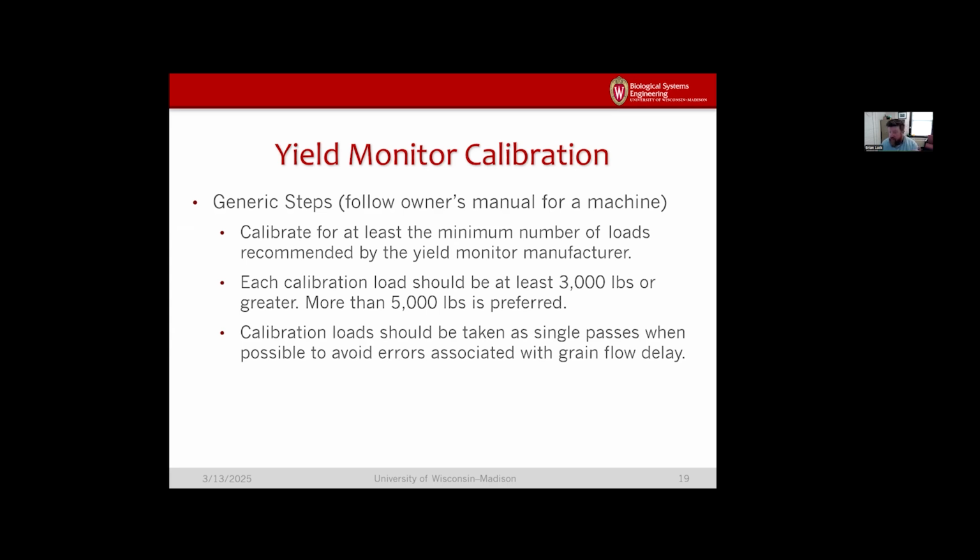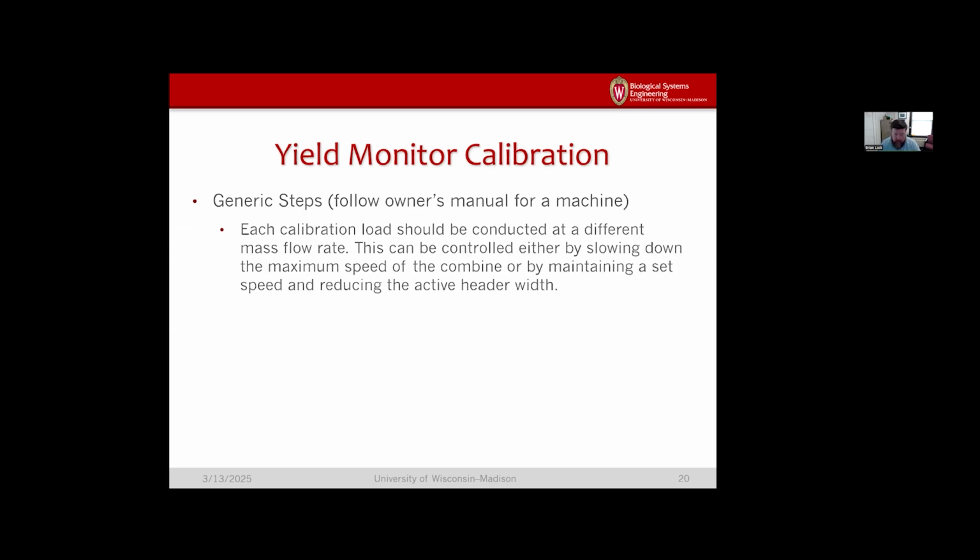I need to be able to calibrate that yield monitor on crop that is not part of my plots and reduce the flow rate to whatever that zero rate wound up being, which could be relatively low, to zero grain kind of thing. So you want to do that.